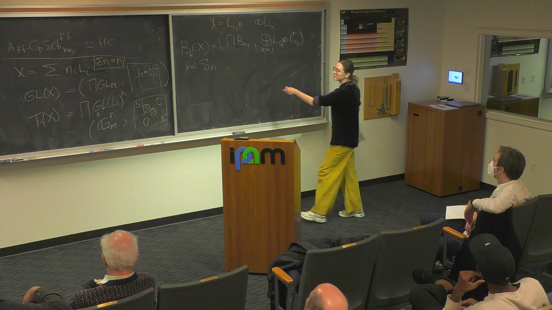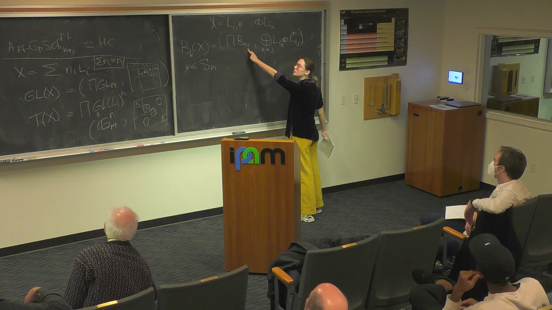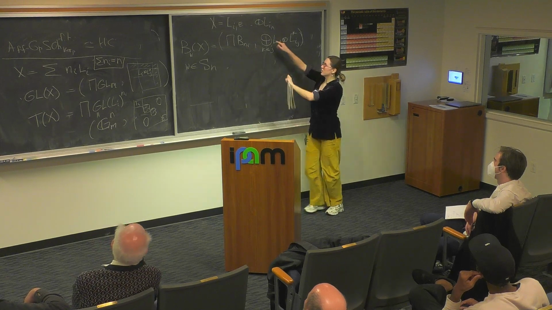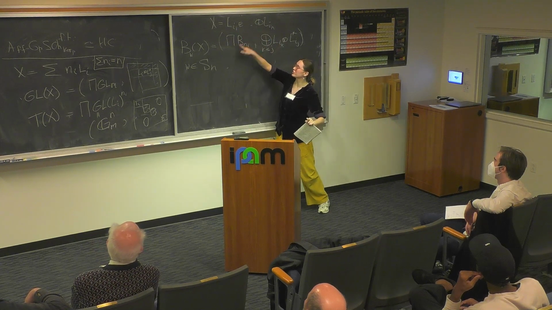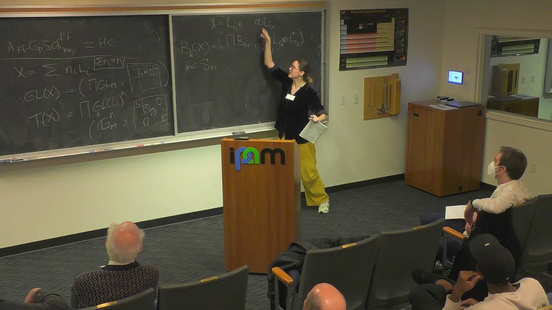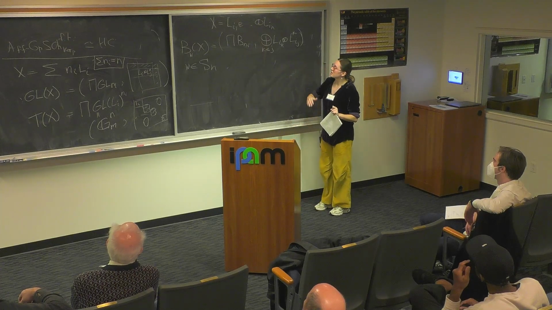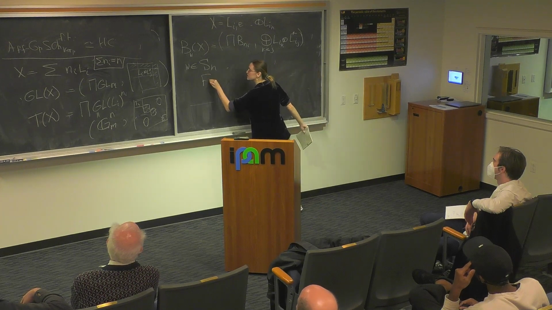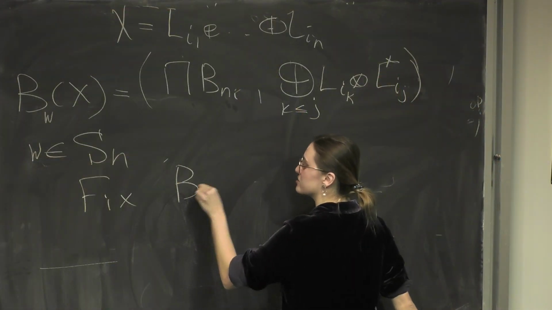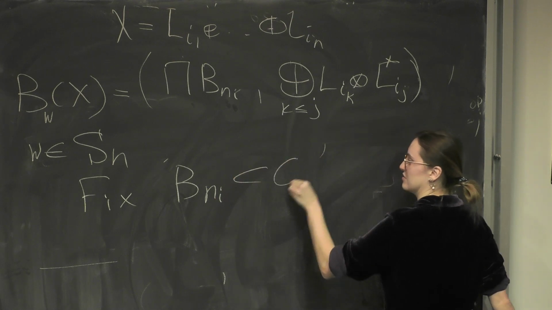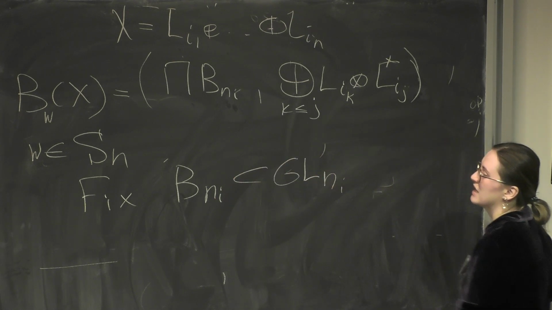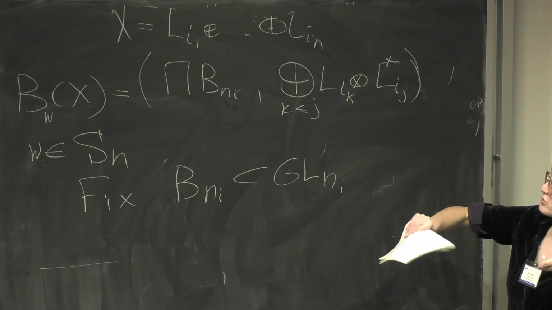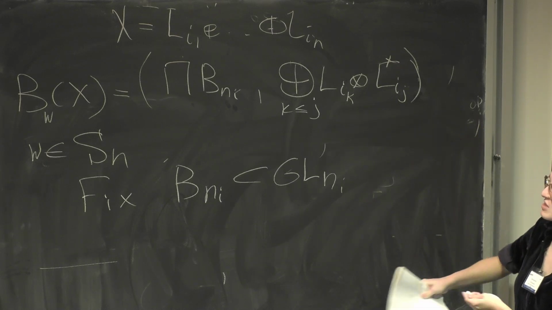Here you would also get different Borels depending on the relative ordering of the copies of each Lk in here. And I can just fix the even Borel. So let me fix some standard choice of usual Borel. Then this w should preserve the ordering of elements of the same type.